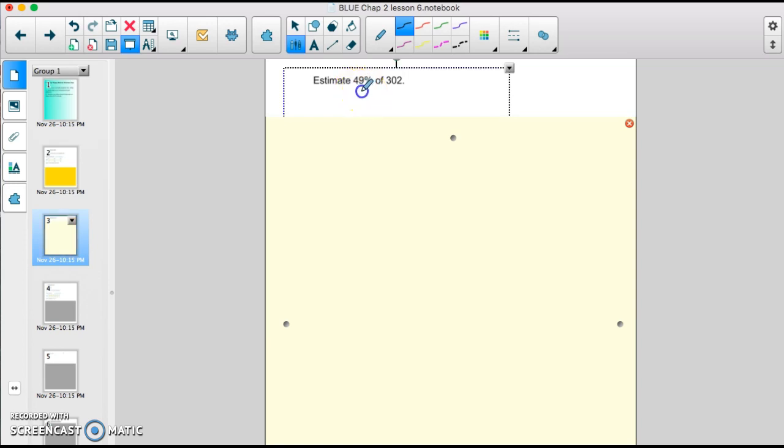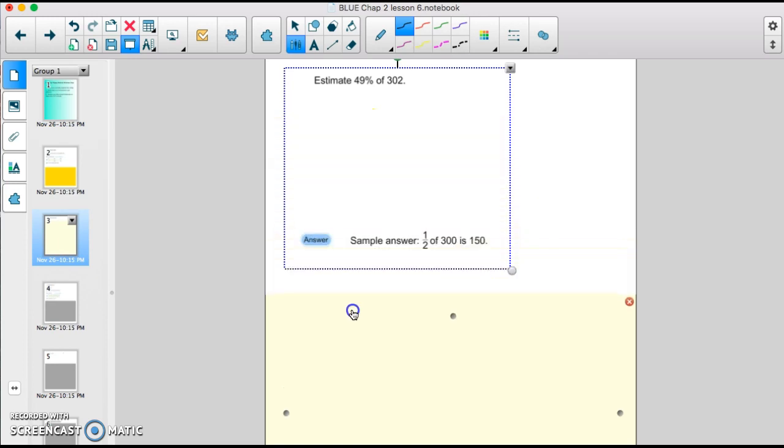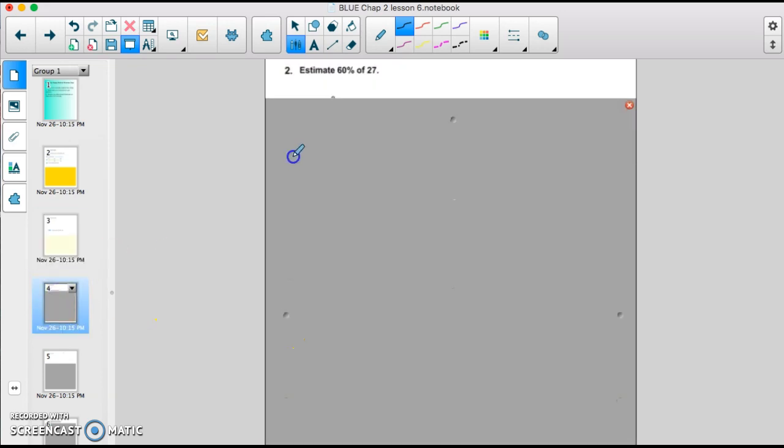So welcome back. You should have written 50% of 300, and 50% of 300 is approximately 150. Some examples, you'll need to also think of benchmarks, but it won't just be halves. It's actually going to be some of the other benchmarks we know, like 60%. And 60% is 3/5.